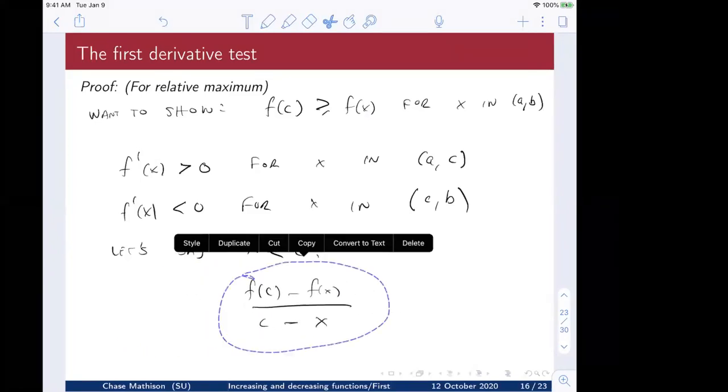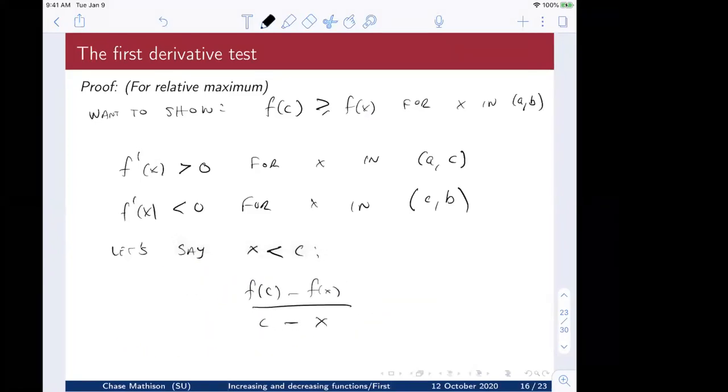The mean value theorem, once you learn it, you can use it to prove so many things, okay? So this is the right-hand side of the mean value theorem. So this is equal to f prime of, I'm going to say, y for some y between x and c.